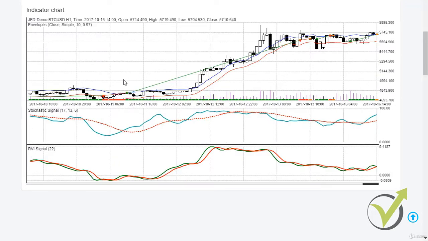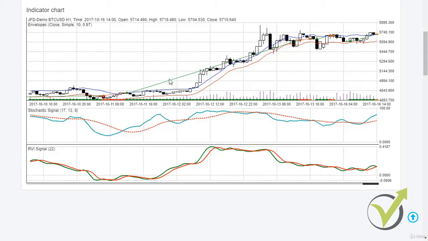If I click on the indicator chart, you can see where exactly the trades were executed while the backtester was working. So here are the entry conditions, the RVI signal, the stochastic signal, and here are the envelopes, which is our exit condition.